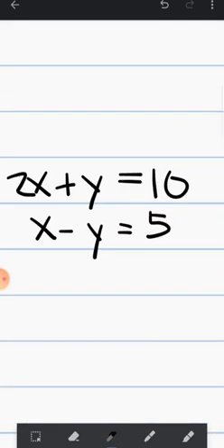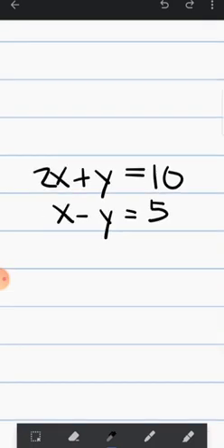And since here the coefficient of y is already 1 and negative 1, you can already cancel that out, and if you combine it will become 0. You will no longer have to multiply the equations with a constant.